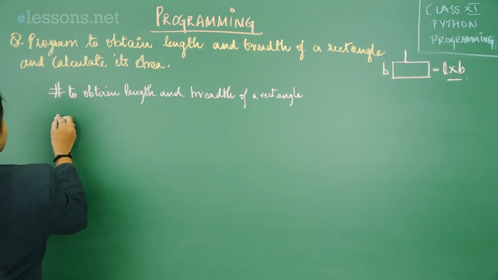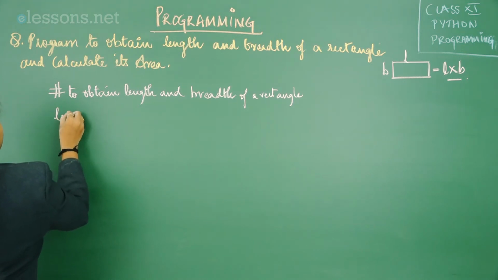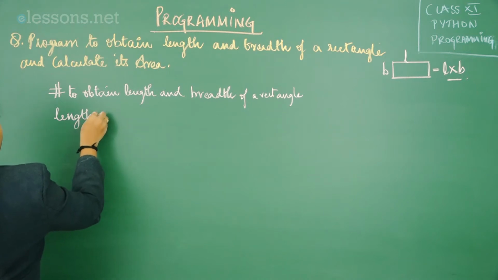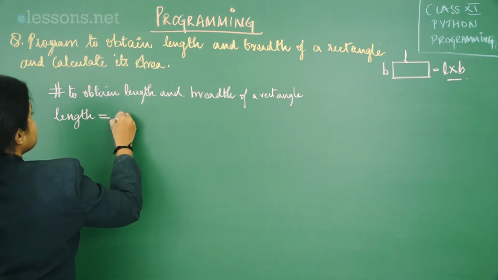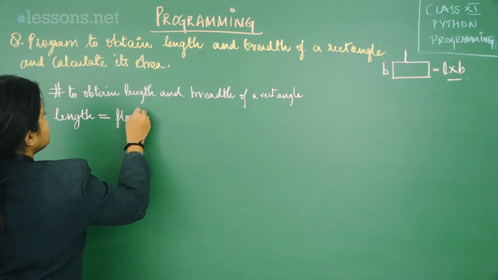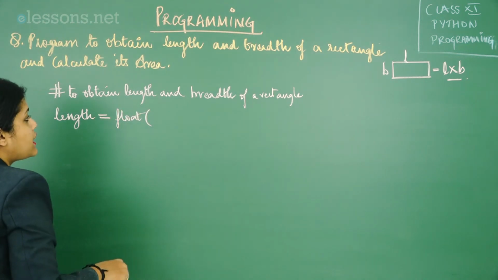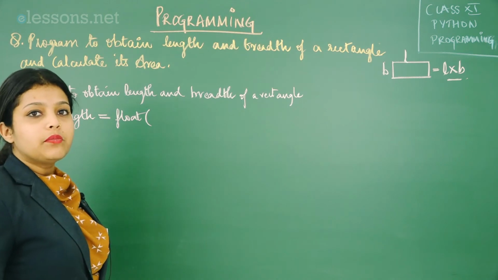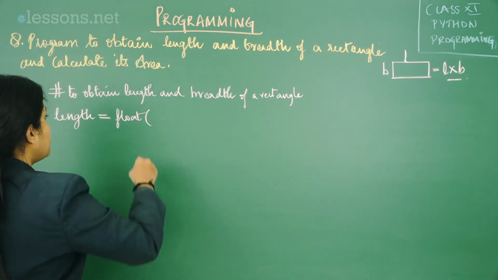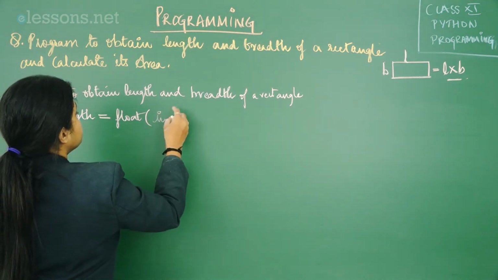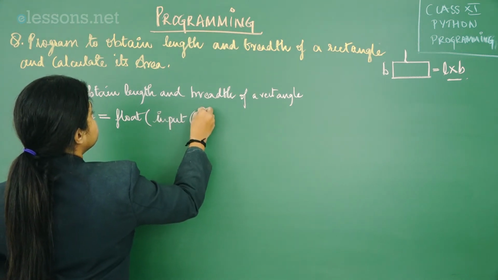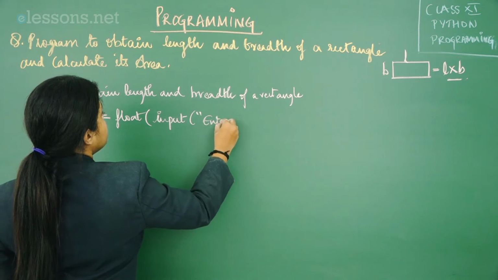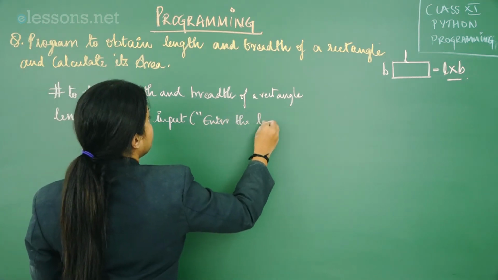So we have, let's say, length, I'll write it as L-E-N-G-H-T. Length is equal to, I'll write float, because if we write 27.5, 16.5, 5.5, anything. So float, input, enter the length.